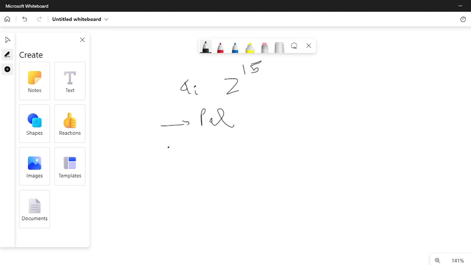And one property of XOR, if you don't know, I am telling you: if C is equal to A XOR B, then C XOR A is equal to B.